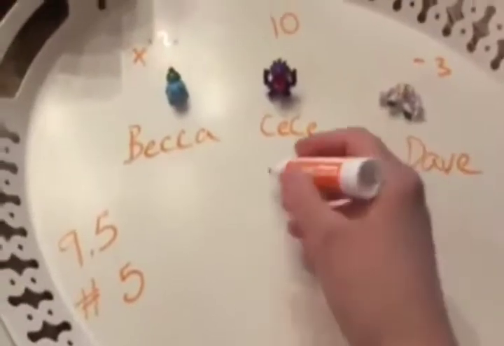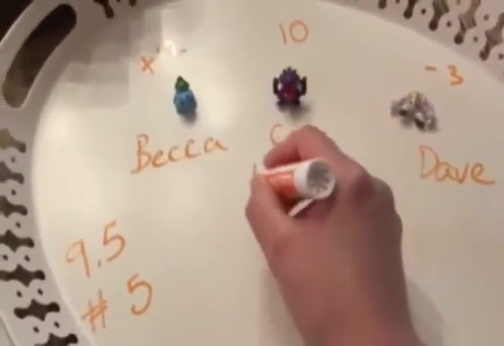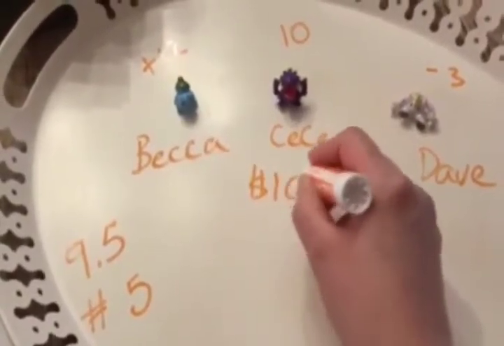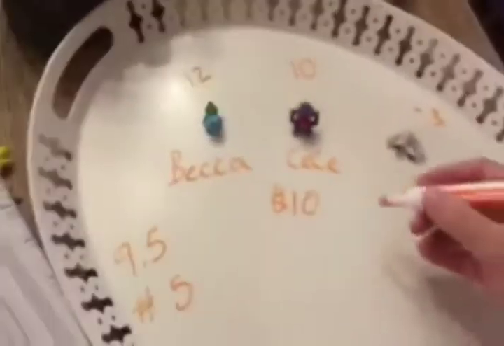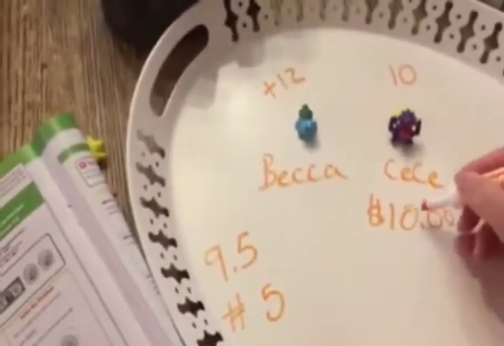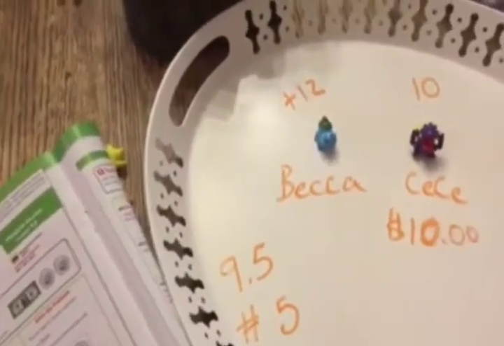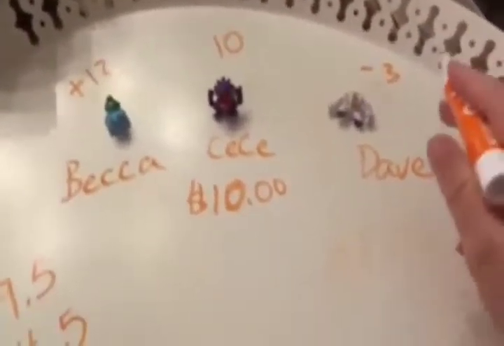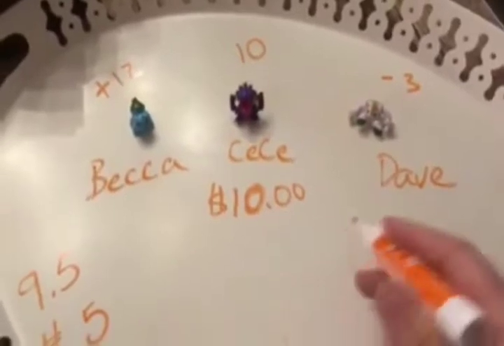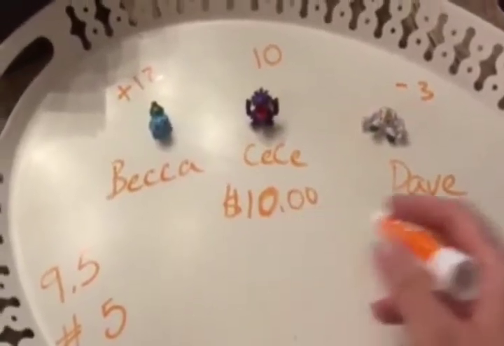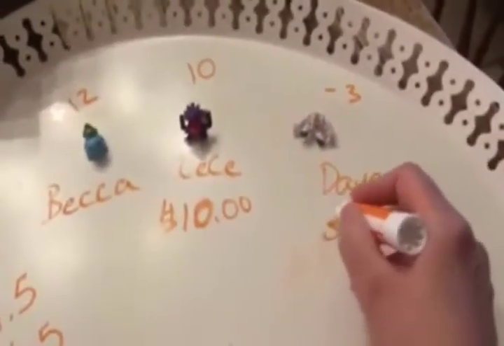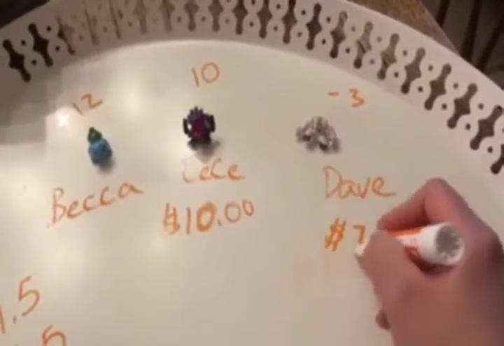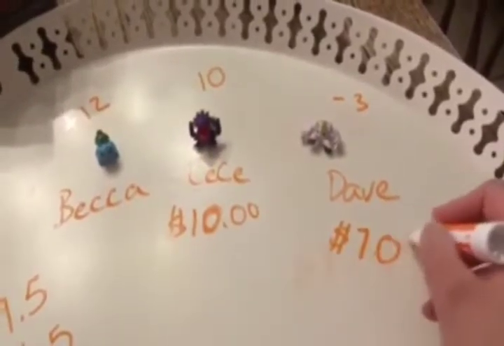And I'm going to go ahead and solve this problem by first starting with what do I know, which is that Cece has $10. So Cece has $10 and Dave has $3 less. And so if I'm thinking 10 minus 3, I know Dave has $7 because 10 minus 3 is 7.